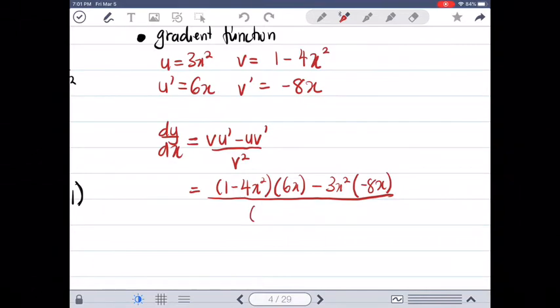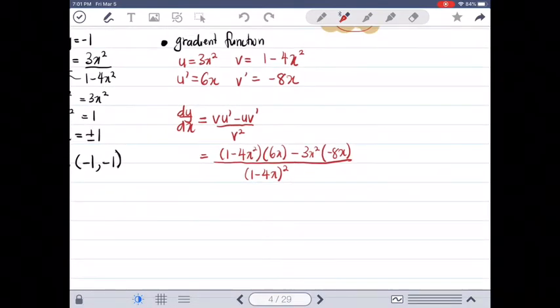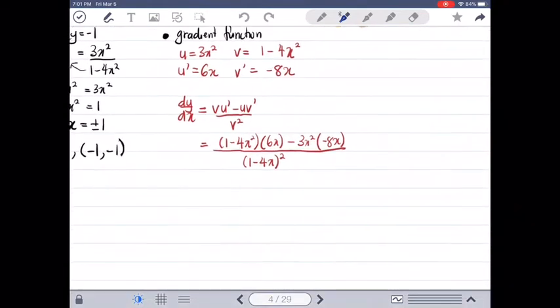So our v squared is 1 minus 4x squared, squared. Okay. We already have our gradient function.